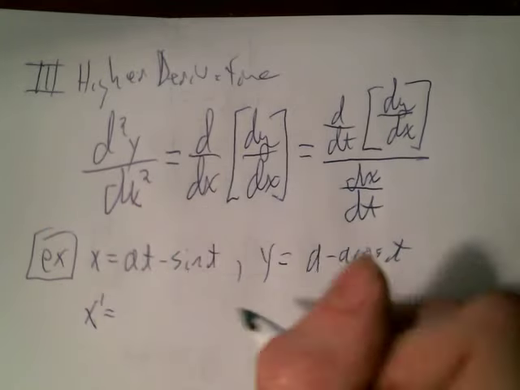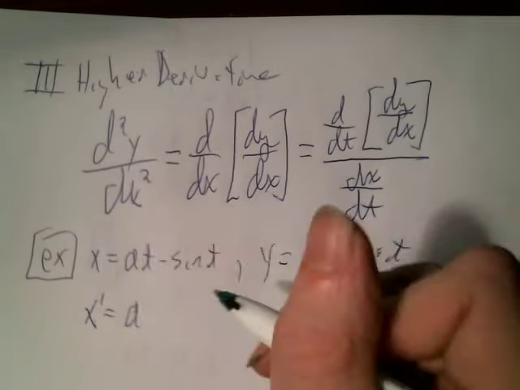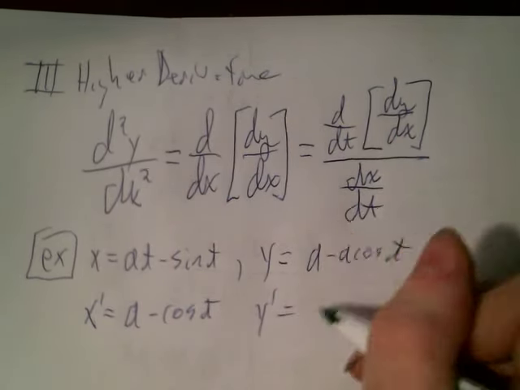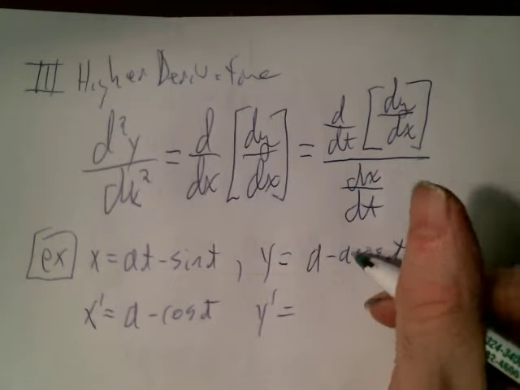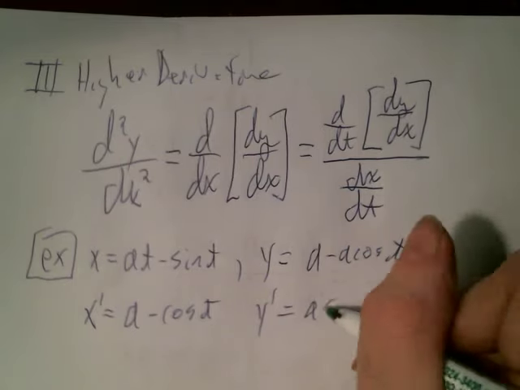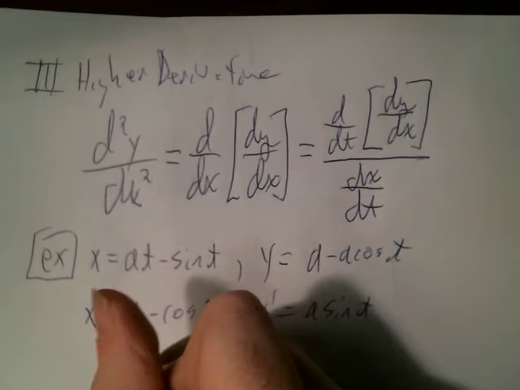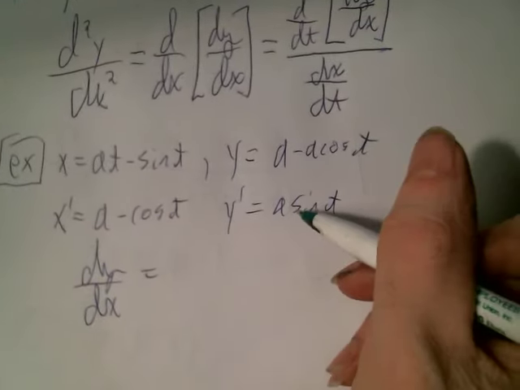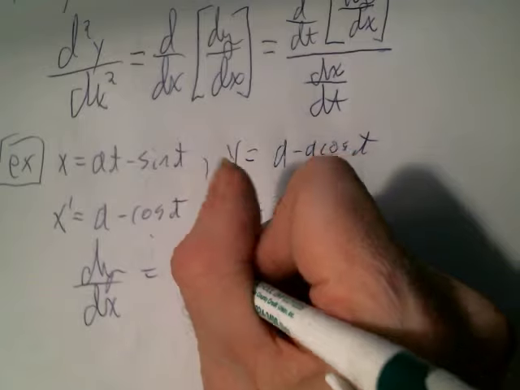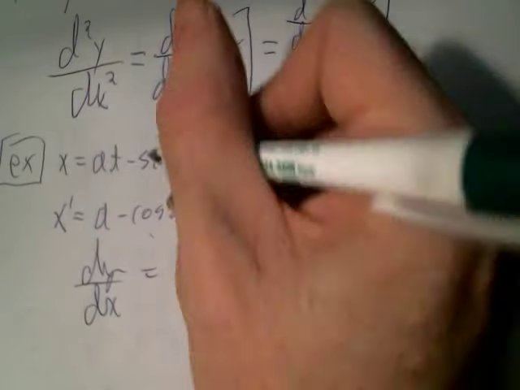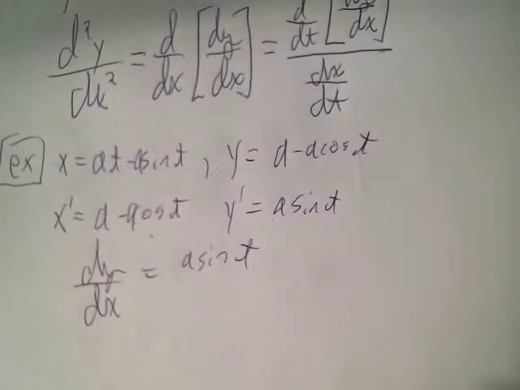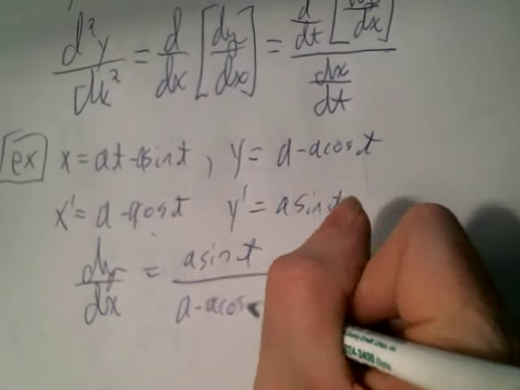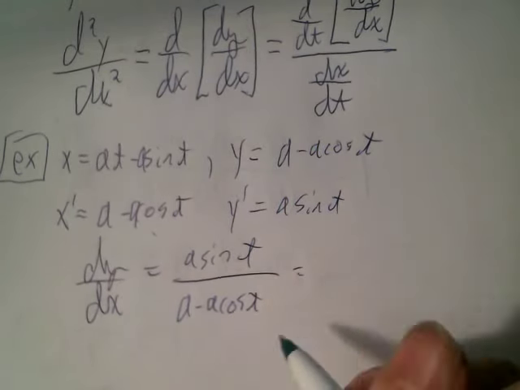You can do the derivative separately here. So x prime is a minus a cosine t, and then y prime is 0 minus a times minus sine, so a sine t. And so the derivative with respect to x is going to be this over that. So a sine t, whoops, there should be an a right here, sorry. A sine t all over a minus a cosine t. We could simplify a little bit by factoring out that a.